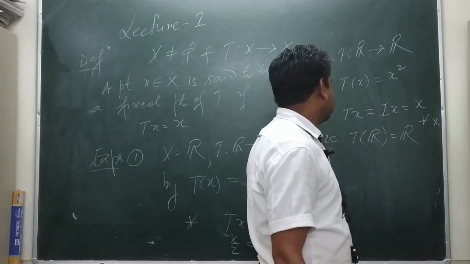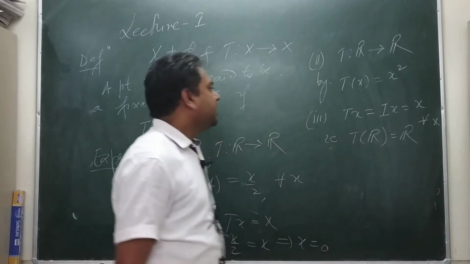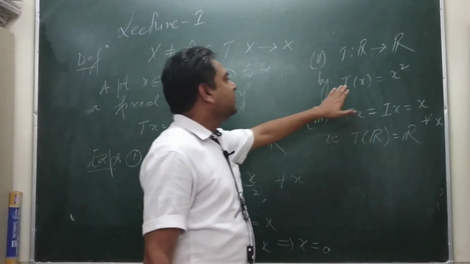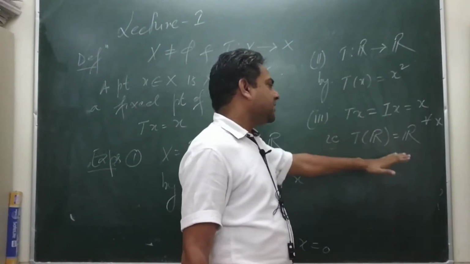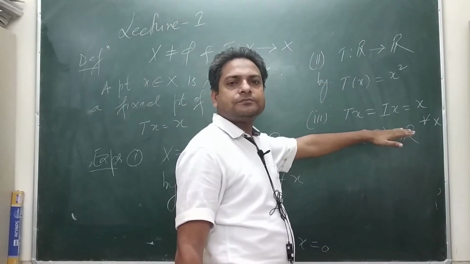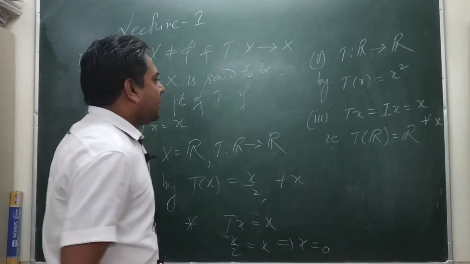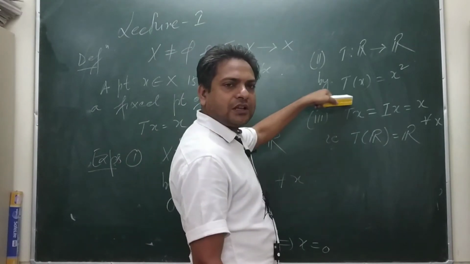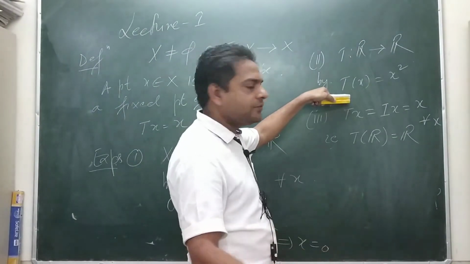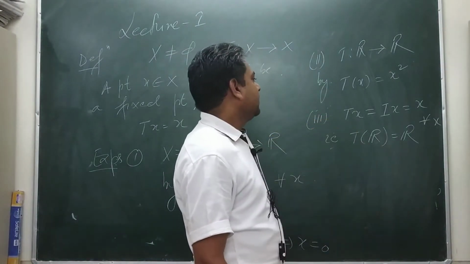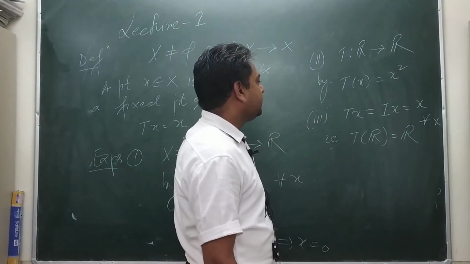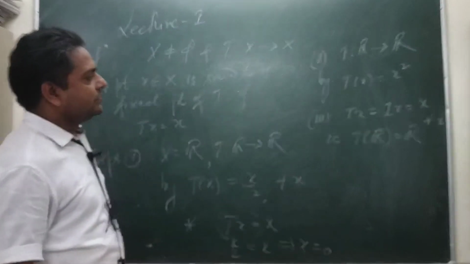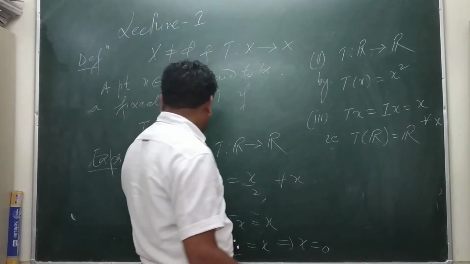In the previous examples we had only two invariant points, but here the whole set is the invariant set. So one fixed point, two fixed points, we can construct several examples for three fixed points, four fixed points, and again we can construct an example with infinitely many fixed points.